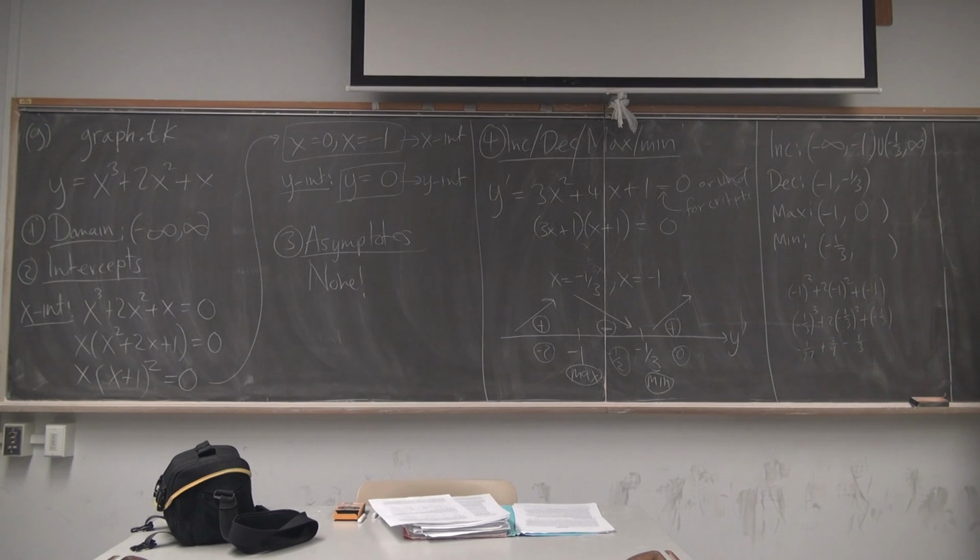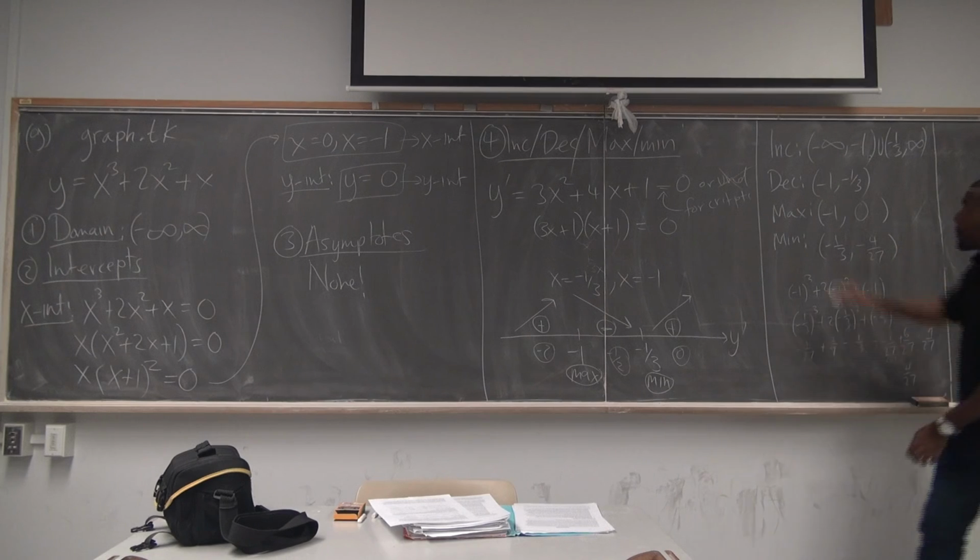Common denominator, which would be 27. Multiply by 3 over 3, I get plus 6 over 27. This, multiply by 9 over 9, I get minus 9 over 27. So I have minus 10 plus 6, so I get minus 4 over 27.